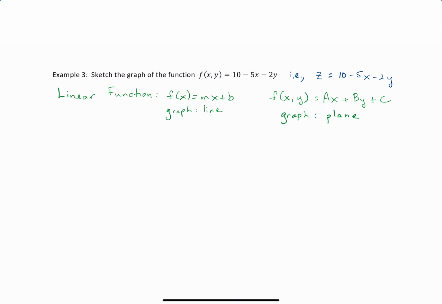We've actually already seen planes in 3D a little bit from when we were working in 8.1.